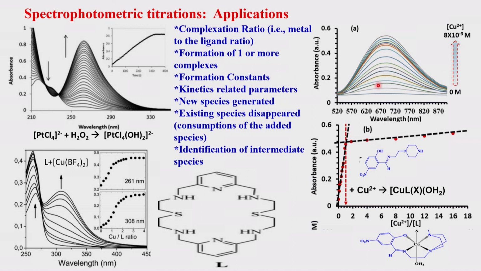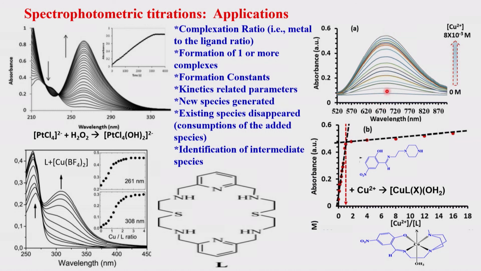Now to this, if I start adding copper 2+ ions, little more, etc., and then I measure the absorption spectrum at each concentration, you see that they are going from 0 copper concentration to 8 millimolar copper concentration for a given 1 millimolar ligand or so. See, the absorbance is increasing quite a good way, and suddenly there is a saturation.